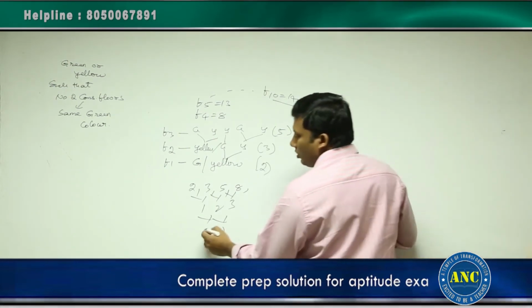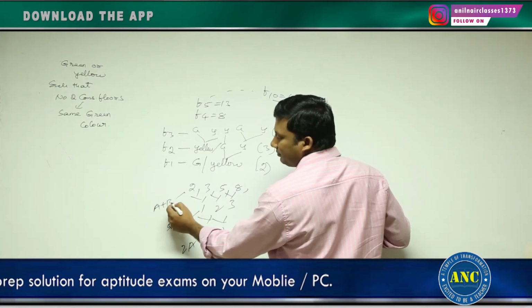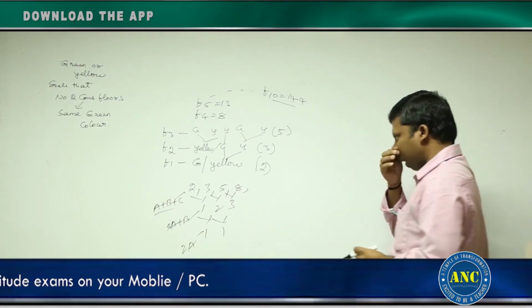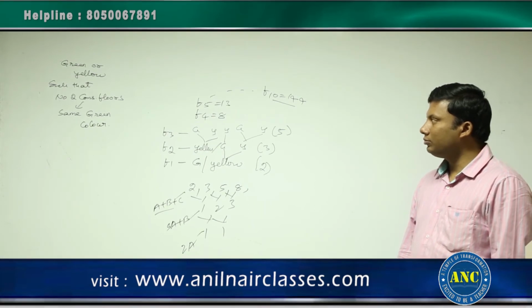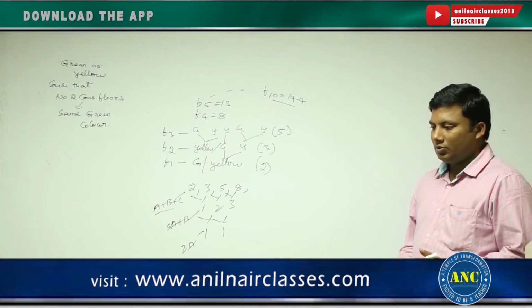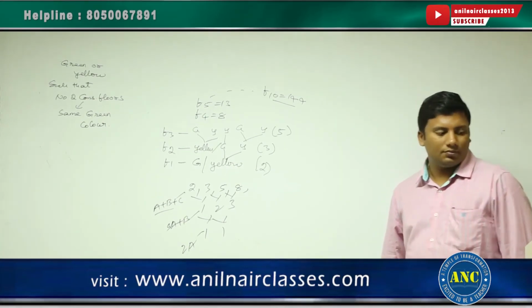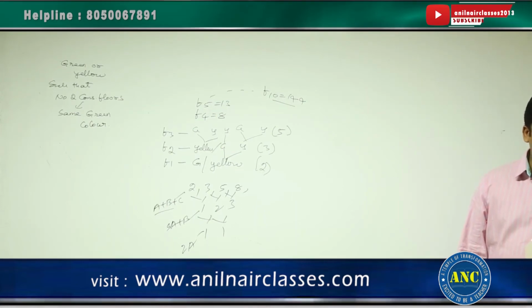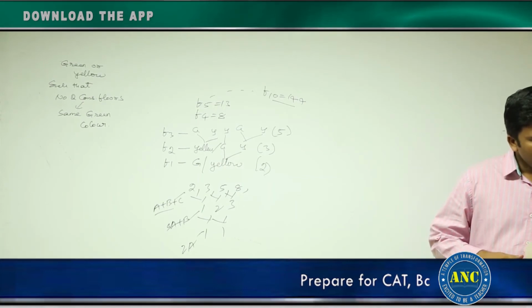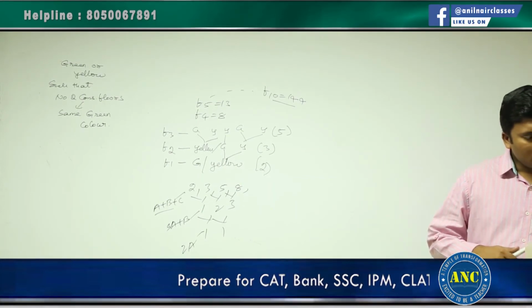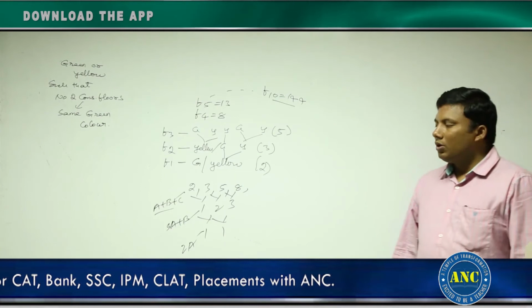This is 2a, this is 3a plus b, this is a plus b plus c. Just an application of Fibonacci series. Right?